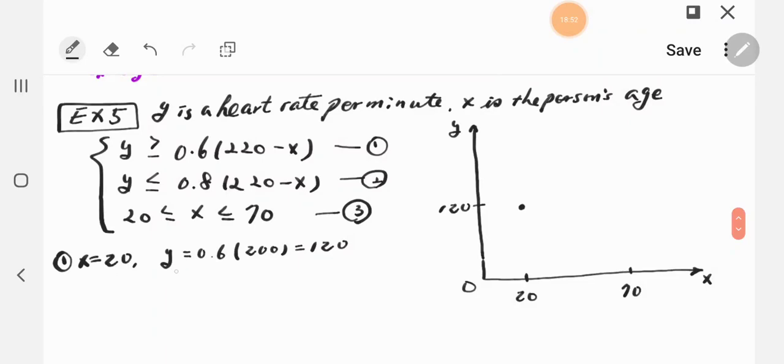How about from the first equation, if x equals 70? Let's find the y value. Then 0.6 times 150, which gives 90. So if x is 70, then y will be 90. Let's say this is 90.